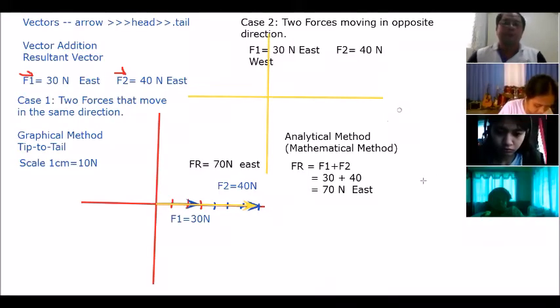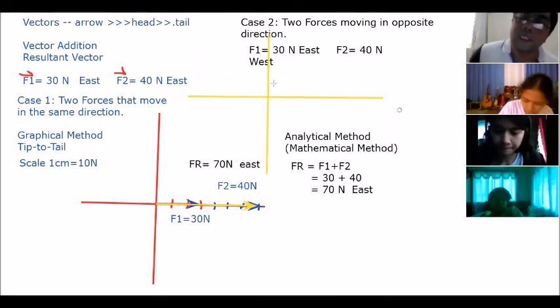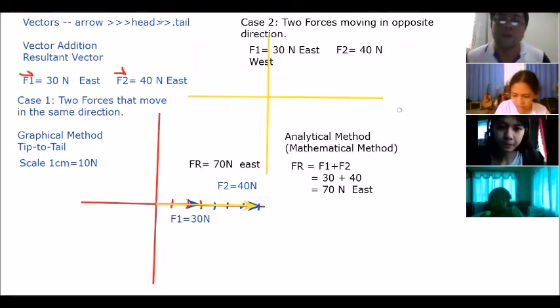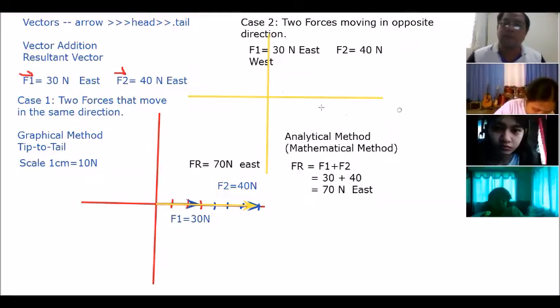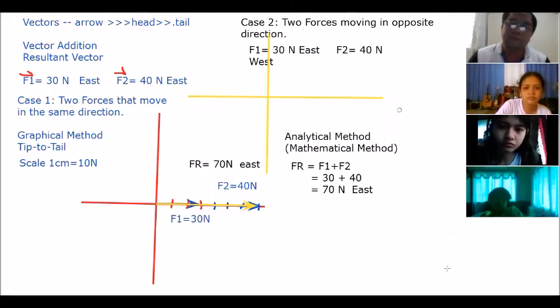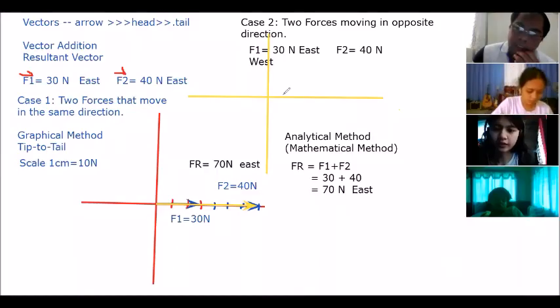Now, the first thing that we will draw again is we will draw this in sequence. Whoever is F1, we always start with F1, the first vector. So drawing the first vector, where will we point it? Going right or going left? Right. Going right.